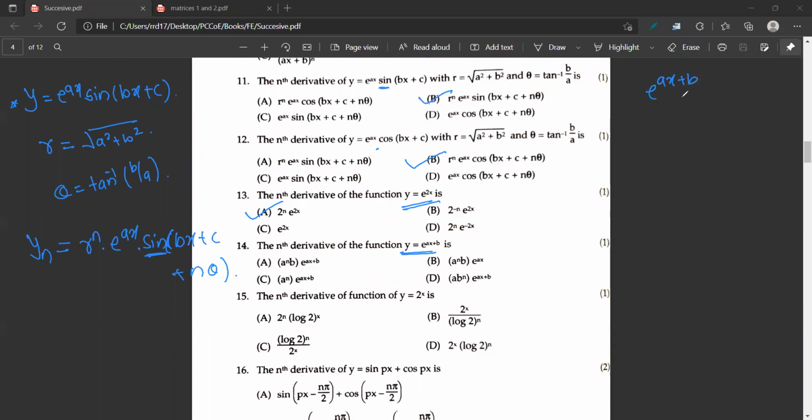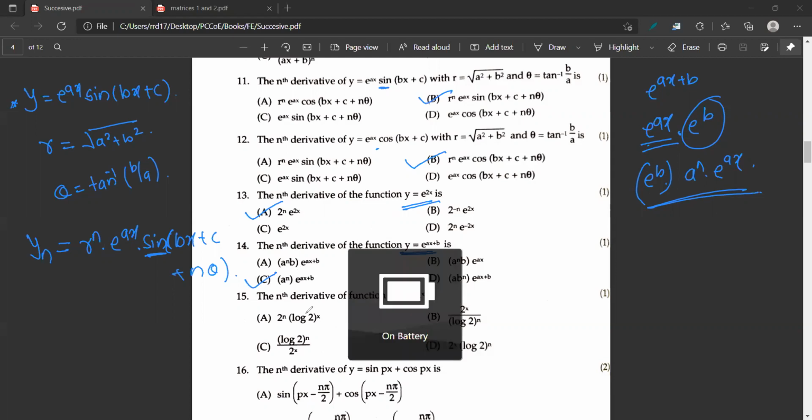See, you can simply separate this. You can write this as e raised to ax into e raised to b. So write e raised to b separately. Now we know the nth derivative of e raised to ax. E raised to b is constant. So a raised to n into e raised to ax. So this is the answer. Which answer is correct then? Option C. Got it?